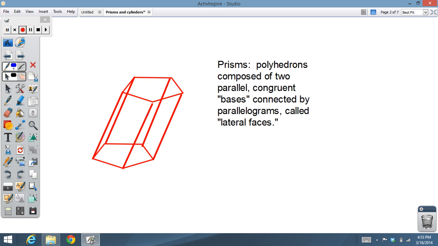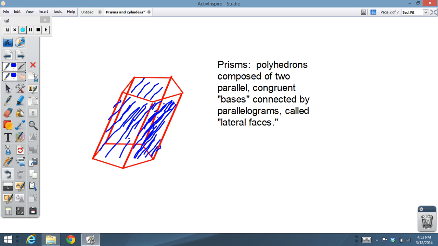I'm going to color that in a little bit. That would be one of the sides. It is a parallelogram. We would have another one here and several others. In this case, we're going to have 5 faces that make up the lateral area of the prism. So we got 2 parallel bases connected by parallelograms.